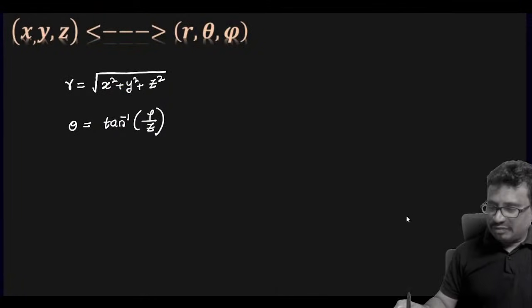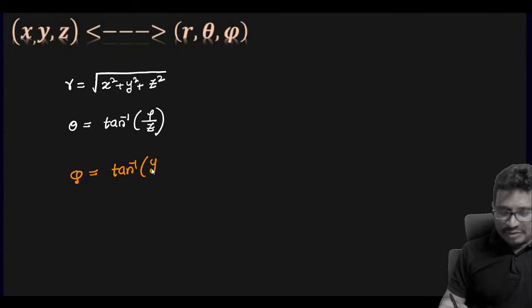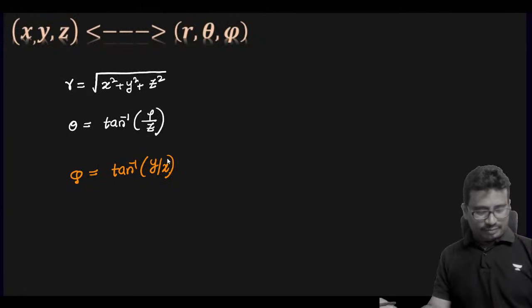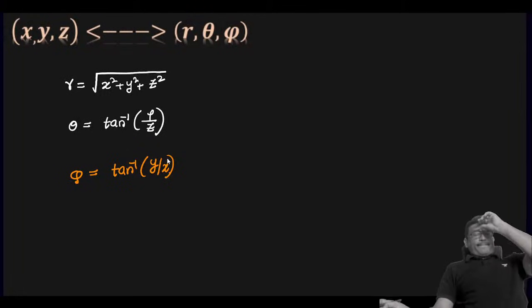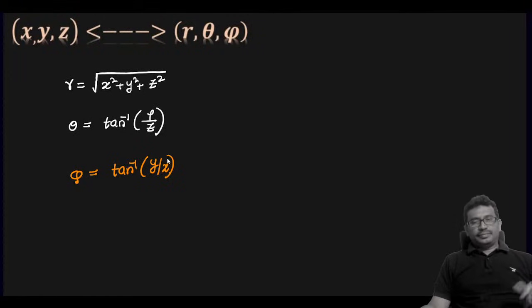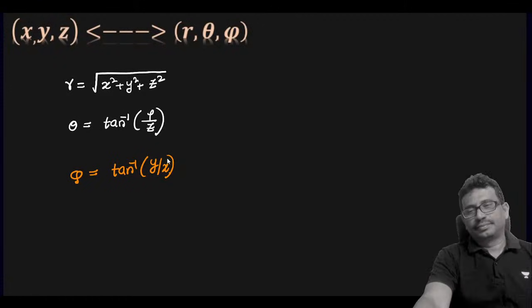Phi in the cylindrical and phi in the Cartesian are both the same, so the same formula: phi equals tan inverse of y by x.